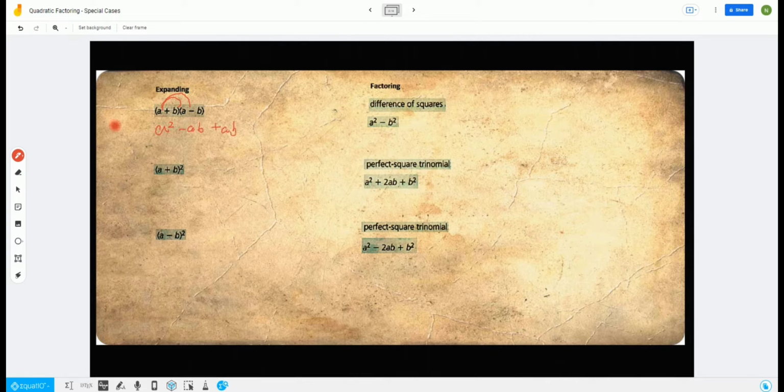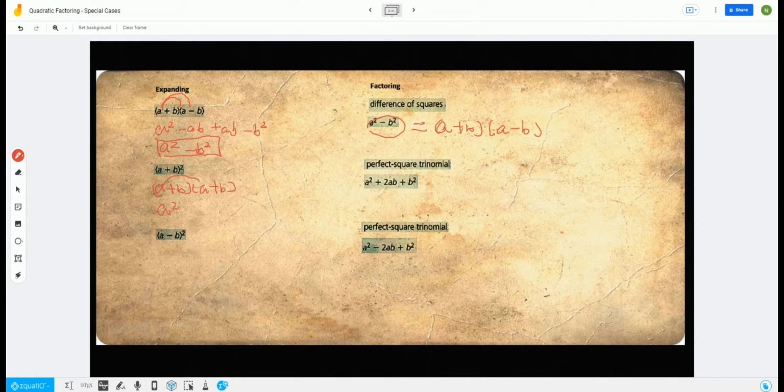Now a plus b squared. We can write a plus b times a plus b, two same factors. a times a is a squared, a times b is ab, b times a is ba, and b times b is b squared.